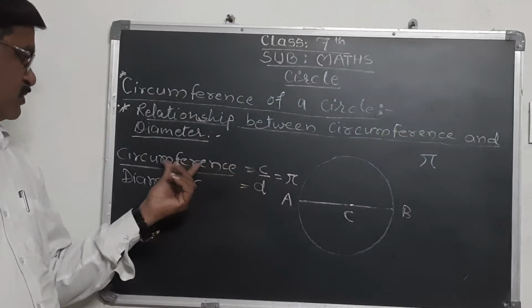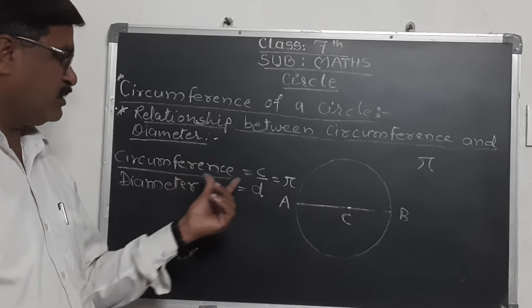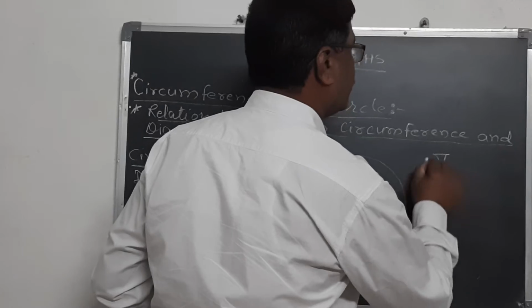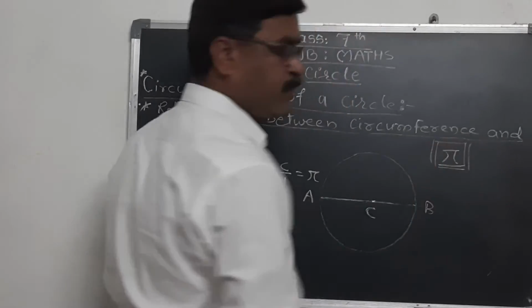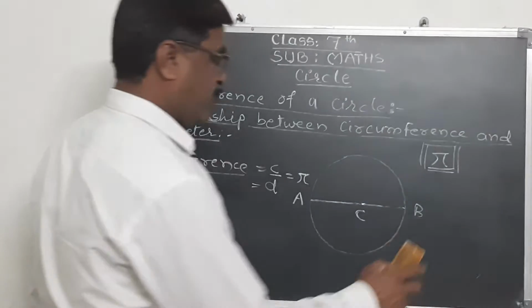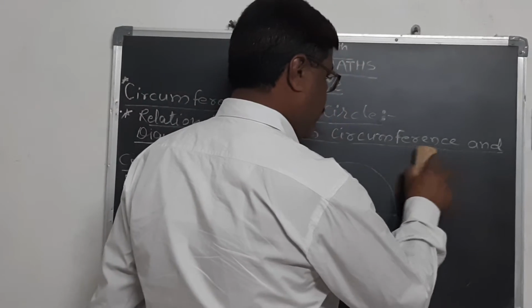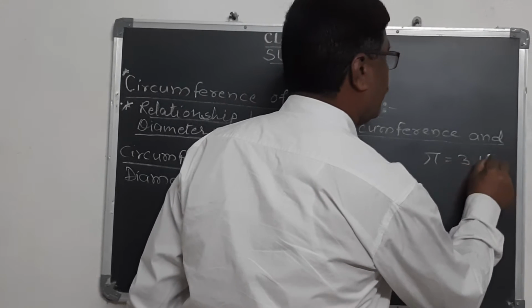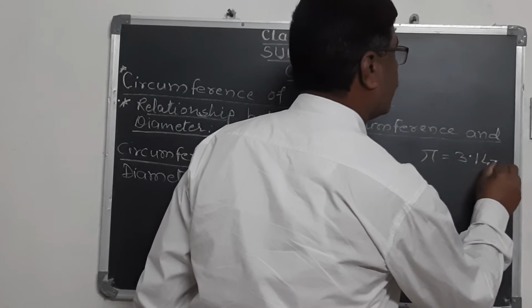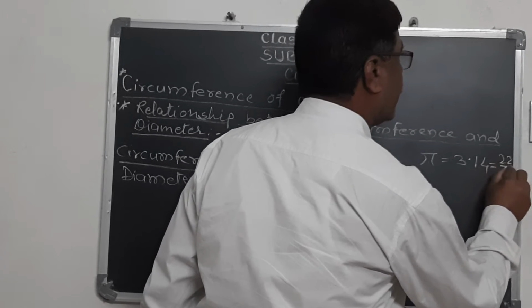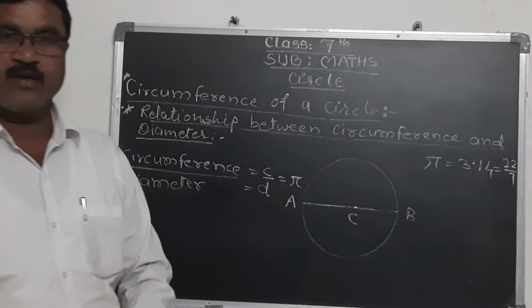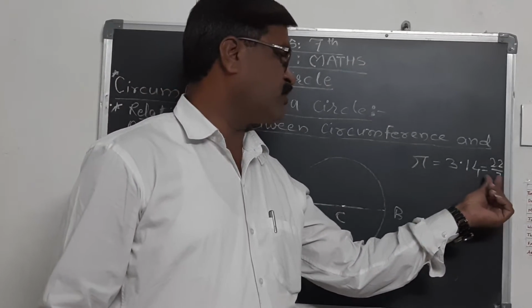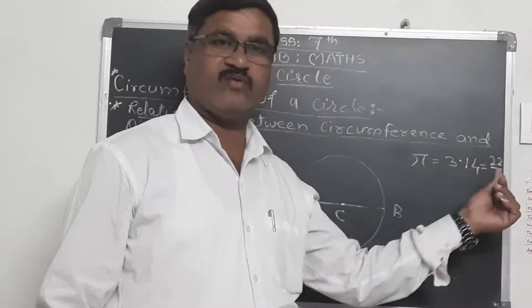The value of pi is always noted as 3.14 or 22 by 7.